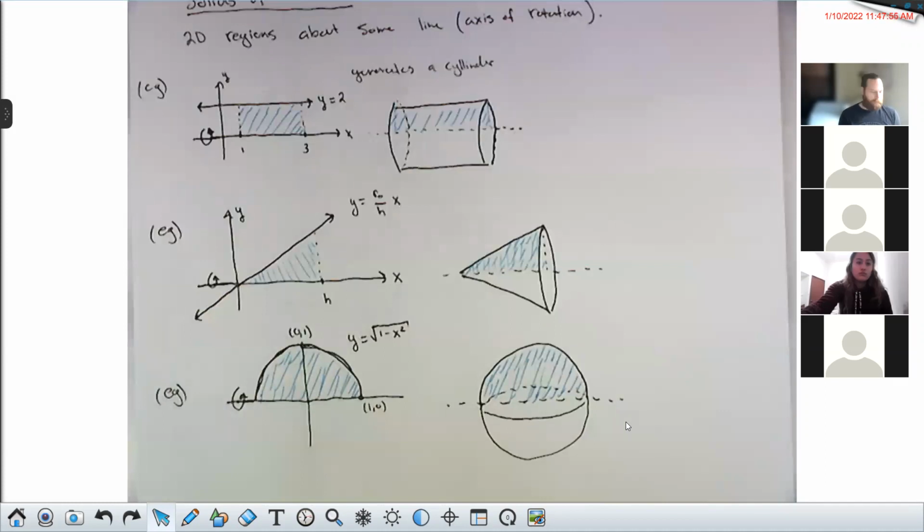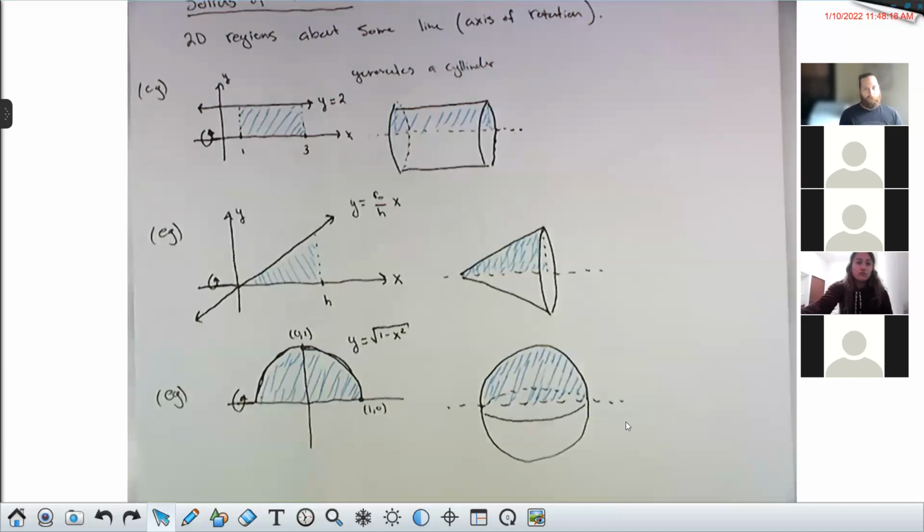Okay. So this is how solids can be thought of as coming from rotated 2D regions. And it turns out that thinking about those 2D regions as being the origin of your 3D solid makes the volume finding procedure a lot simpler. I'm going to show you another example now, and then I'll kind of describe the method in general. Rather than just showing you the method in general, which can be a little scary, we'll do it through an example.